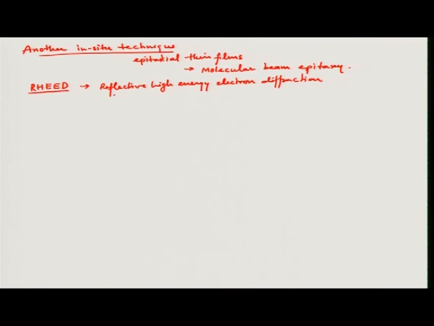Okay. So, in this technique what you do is that on your substrate, where this thin film is being deposited on top like this, you have a high energy electron beam which is coming onto your substrate, and then there is a detector. Okay.